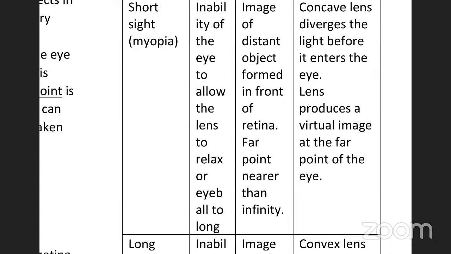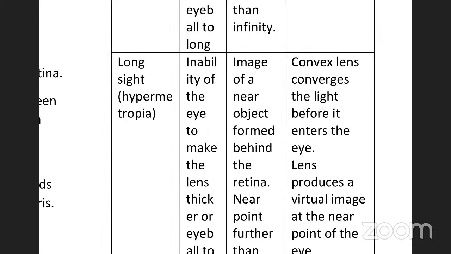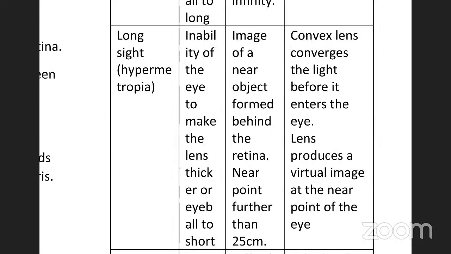And for long-sightedness, we use a convex lens, and the lens produces a virtual image at the near point. Right? That's if you're long-sighted. Very important, huh?